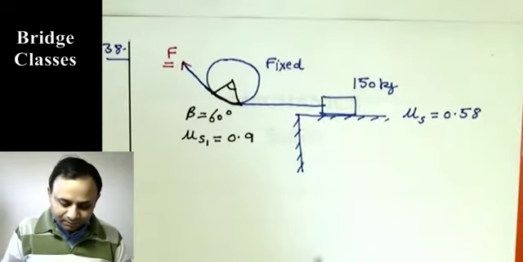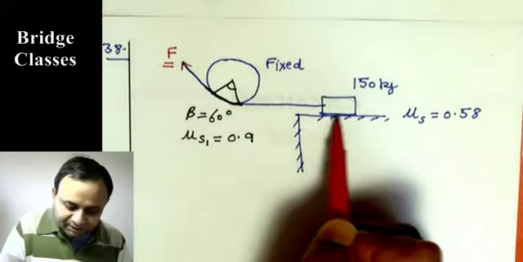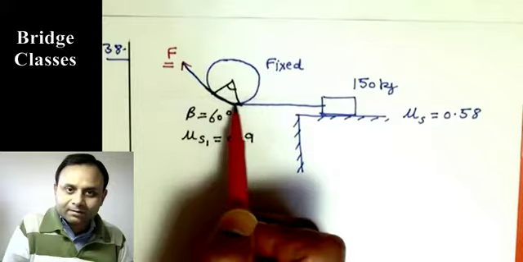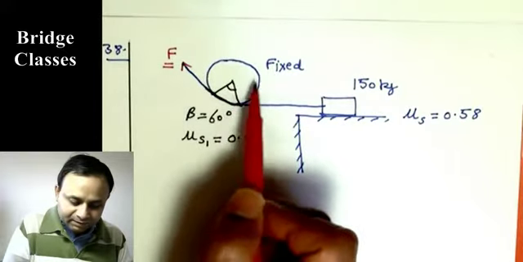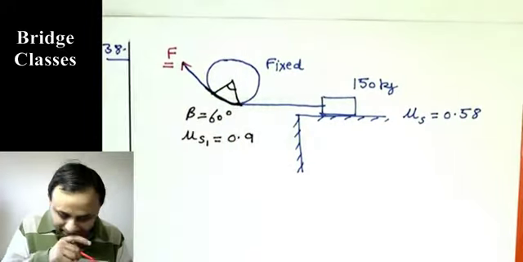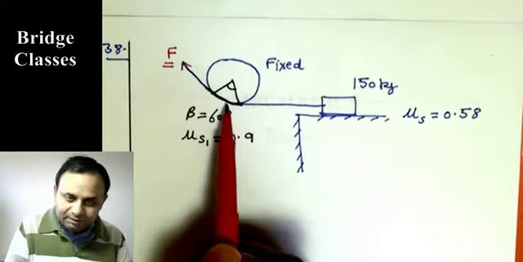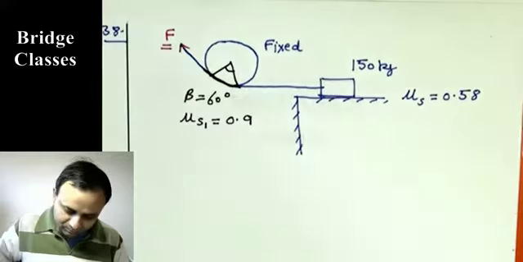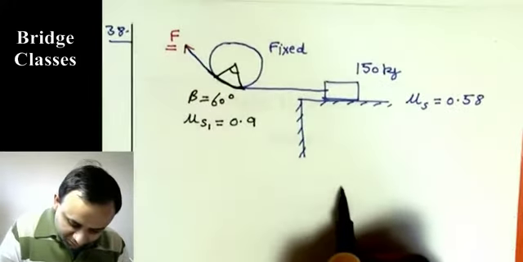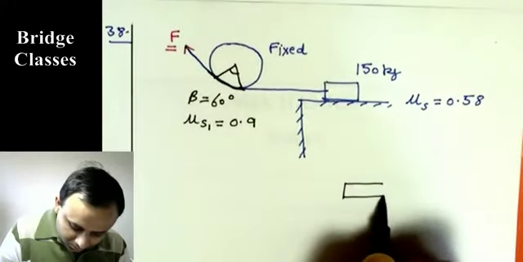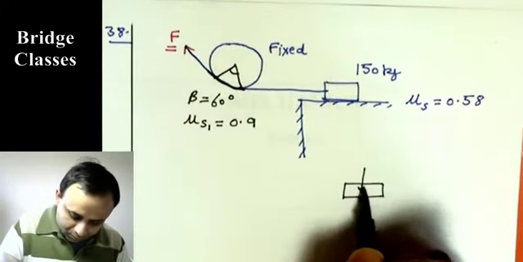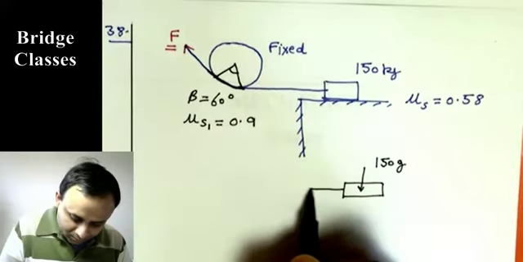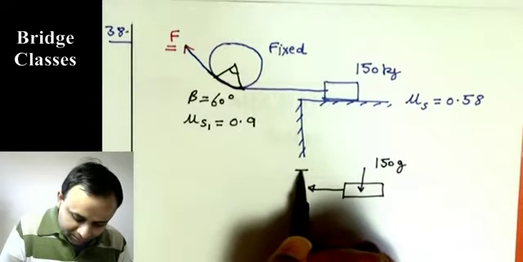Now you see, there is friction acting here and there is also friction acting here. Because this is fixed, there is impending relative motion between the belt and the pulley. So how to do this problem? If we draw a free body diagram for the block, its weight is 150 g, and let us say tension in the rope here is T1.